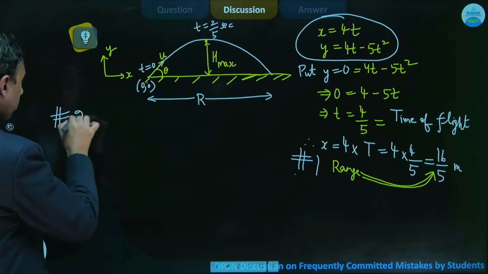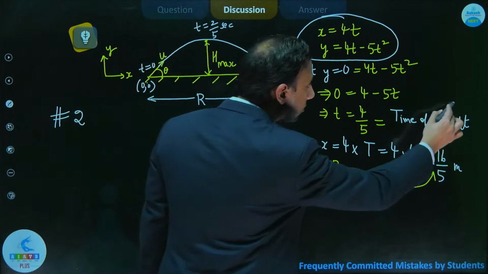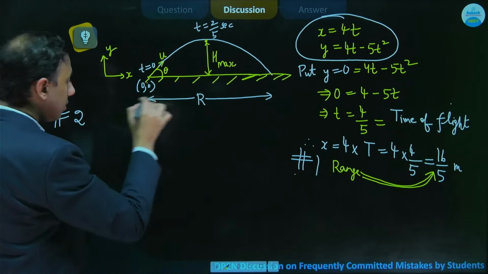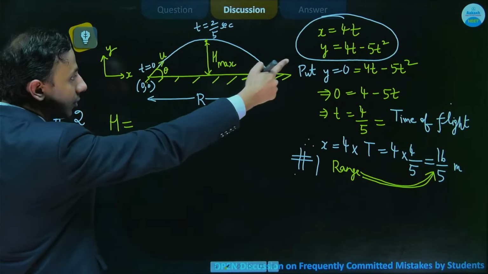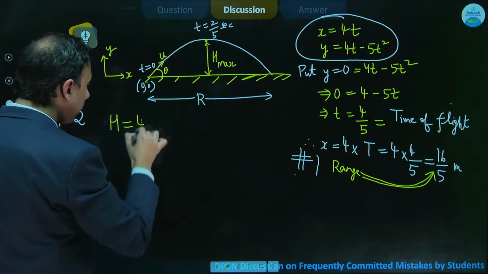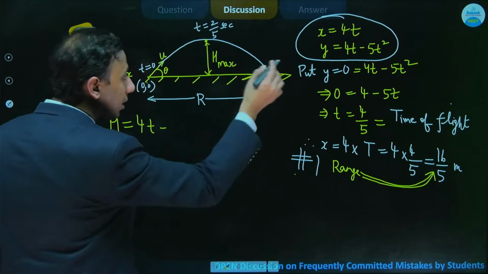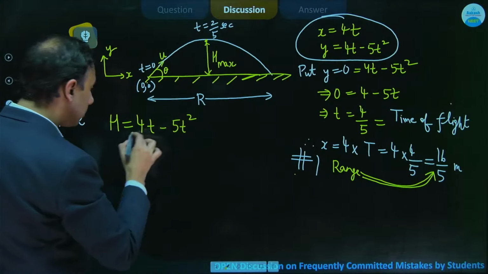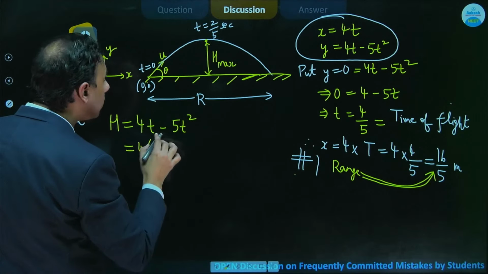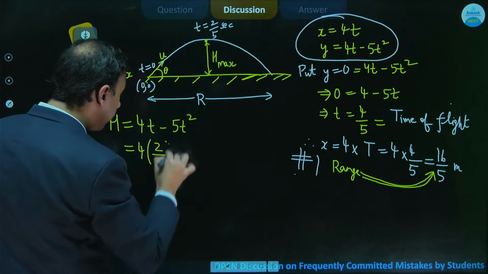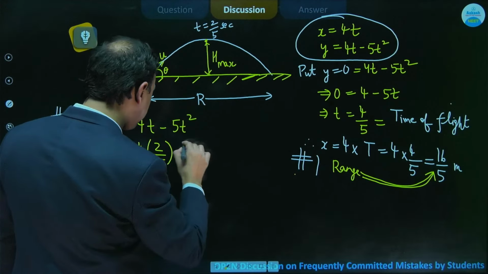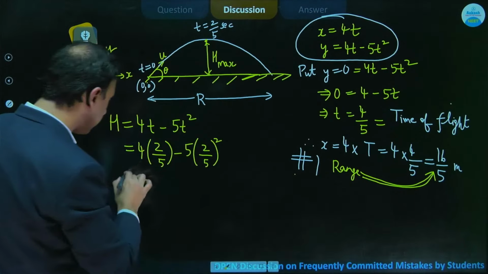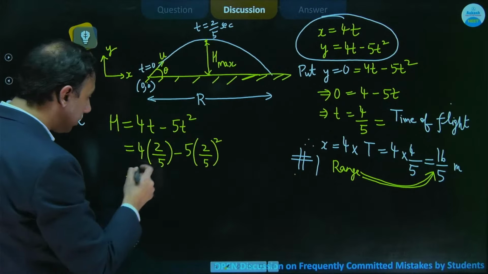So let's find number 2. That is your maximum height. Use that equation, 4t minus 5t square. So when you substitute 4 times 2/5 minus 5 into 2/5 whole square, when you solve for it, this will become 8/5.